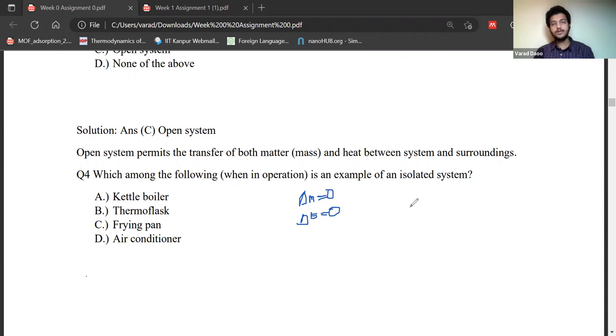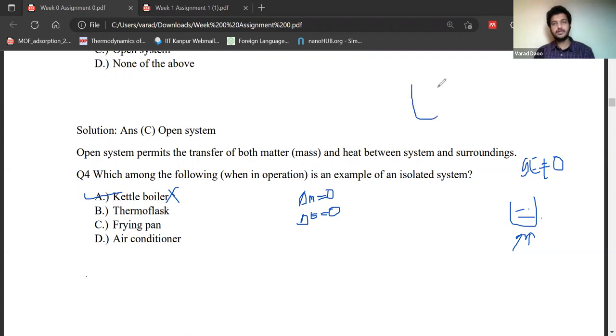So kettle boiler. In kettle boiler, we input the heat into it, right? We have a kettle in which we have water, so we heat it. That means delta E is not equal to 0, so this is not an isolated system.